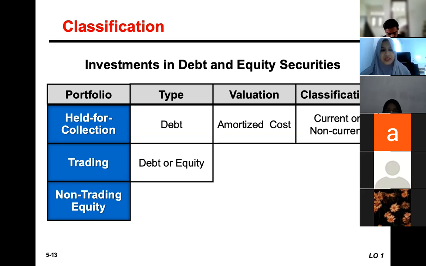So when it is a trading investment, the valuation will use fair value. Why do we use fair value? Because it keeps on being transacted continuously, and the price is available. The market value is available. So IFRS urges the use of fair value measurement.